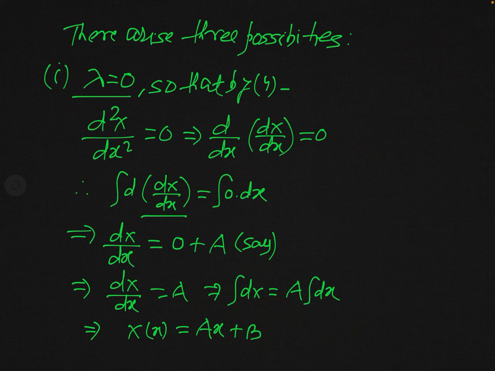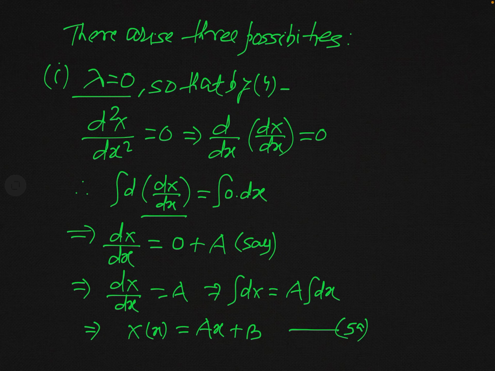And let us say this another integration constant is b. And so this equation is 5a. So here a and b are arbitrary constants. Actually, these are integration constants, as you can see.